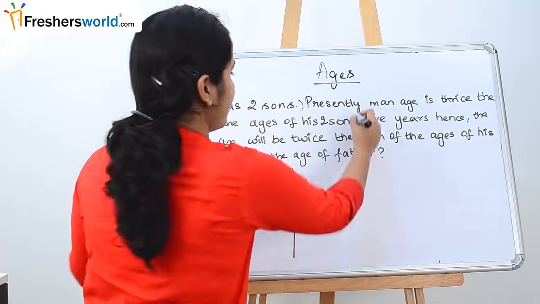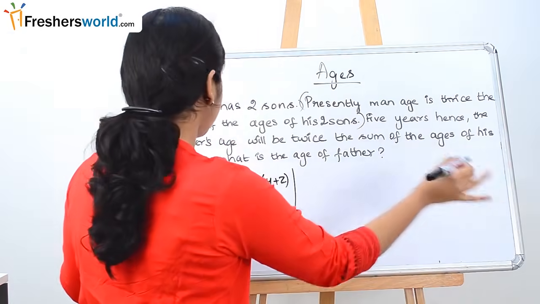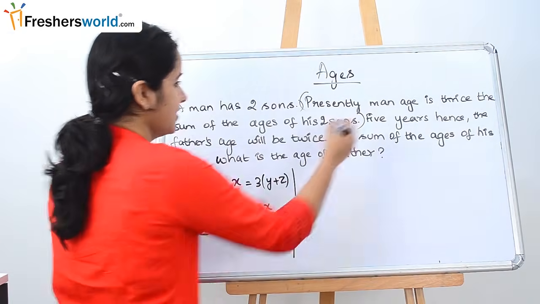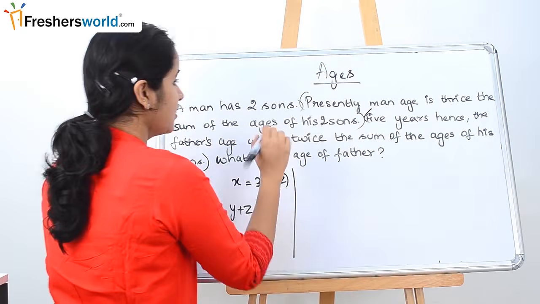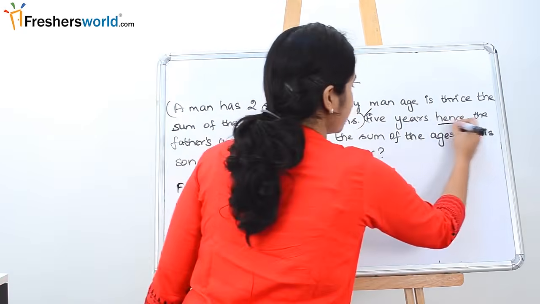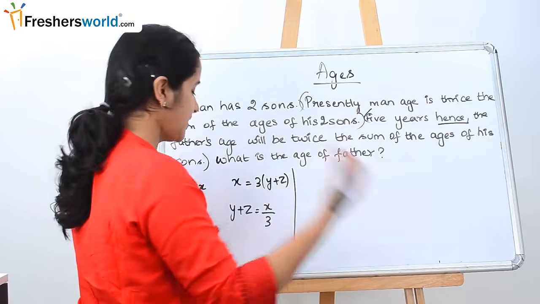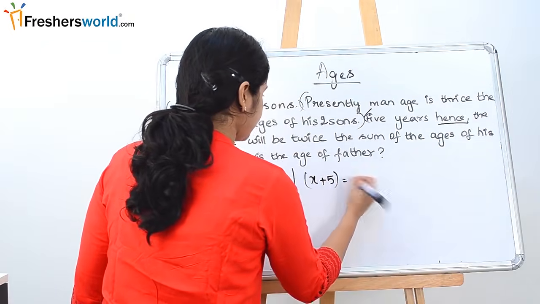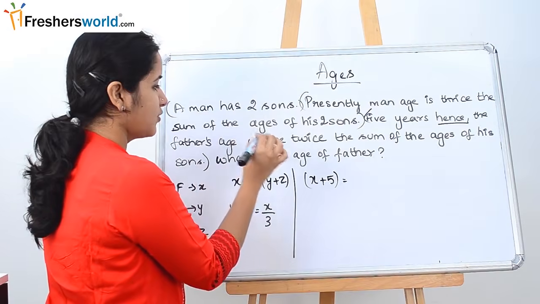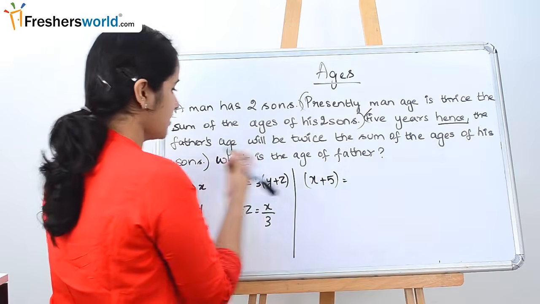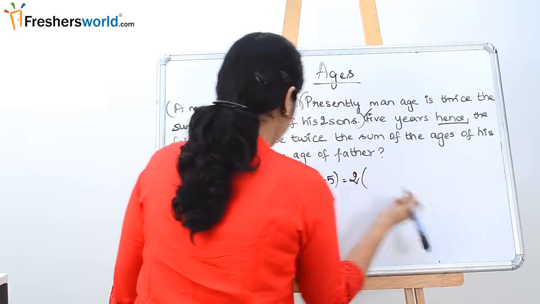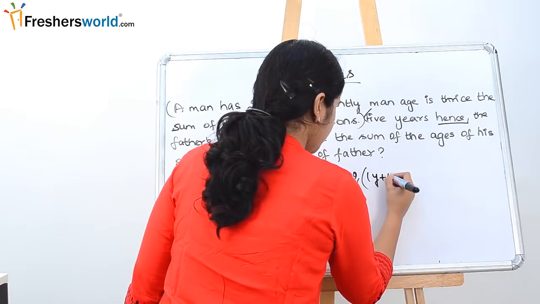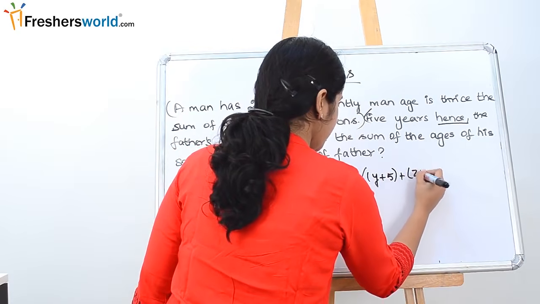Next part they have given is 5 years hence, the father's age will be twice the sum of the ages of his sons. So, this is the next part of the question. 5 years hence. Hence is nothing but after 5 years. So, plus 5. So, 5 years hence, the father's age will be twice the sum of the ages of his sons. Sons are Y and Z. So, Y plus 5 plus Z plus 5.